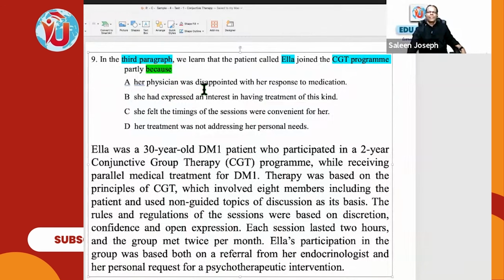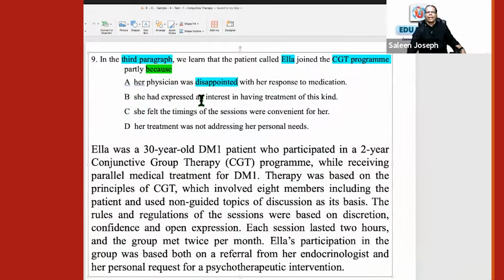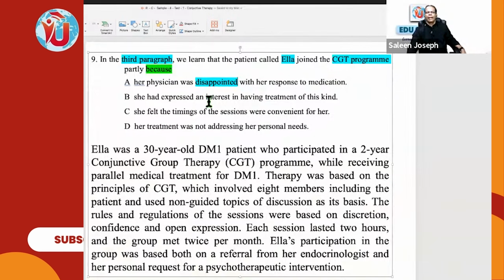First option, her physician was disappointed with the response to medication. Option B, she had expressed an interest in having treatment of this kind, her interest. Now, when you read the text, you will have to look out for the response of the physicians, and what was her response about this program.